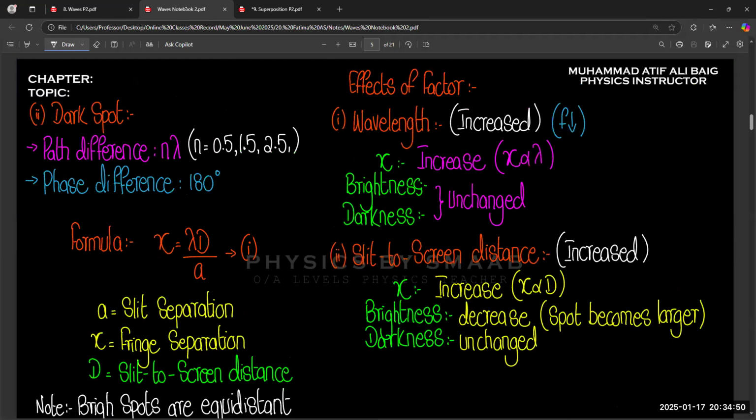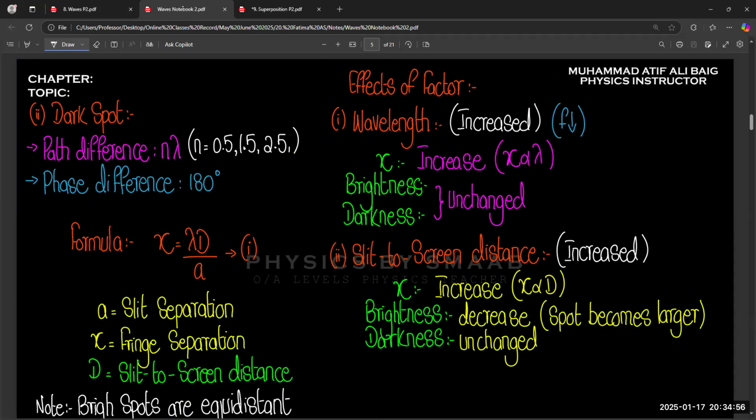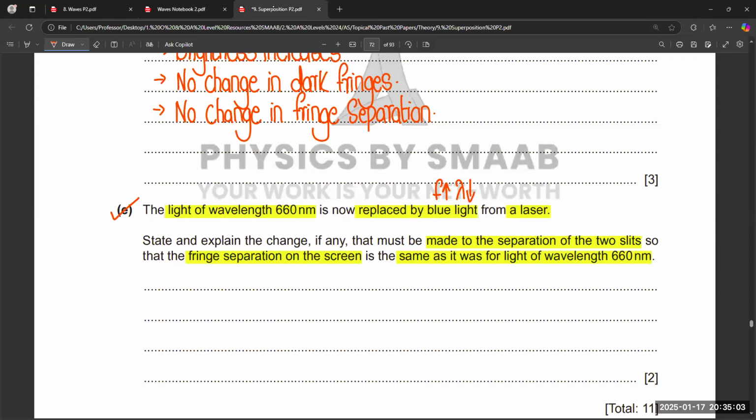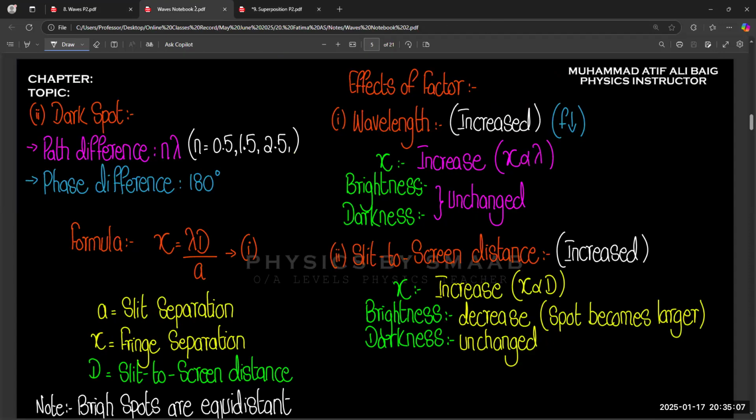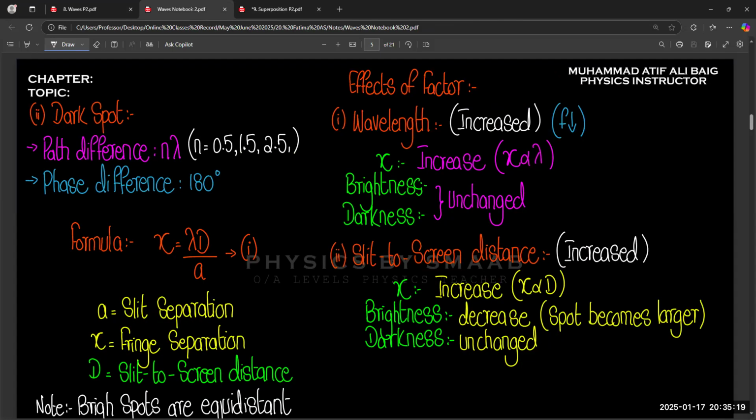Basically, if wavelength increases, X also increases, right? But right now, wavelength decreases. So when wavelength decreases, the value of X also decreases.